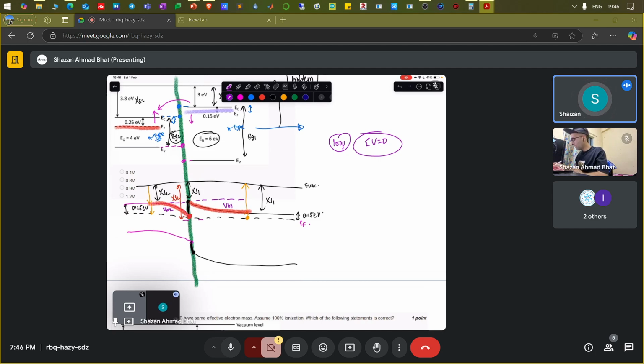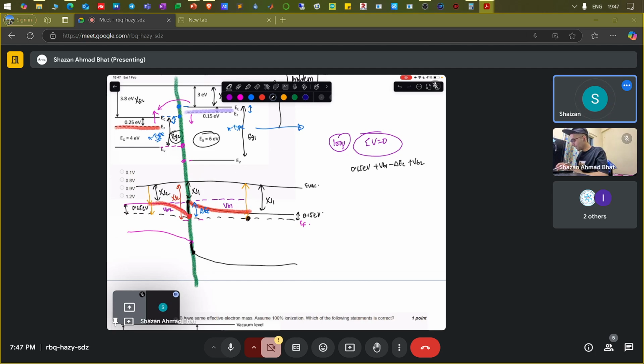When you do so, starting from this particular point, you can write 0.15 electron volt, plus VB1, which is the built-in potential on this particular side, minus delta conduction band offset. What is the conduction band offset? This is the conduction band offset, delta EC. Okay, and you can write plus VB2, which is on the other side when we are moving on.